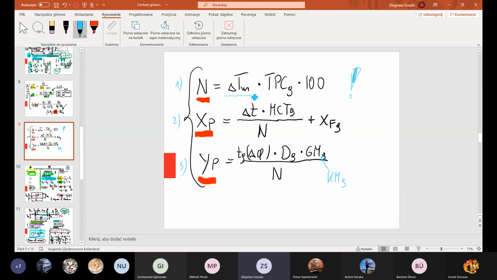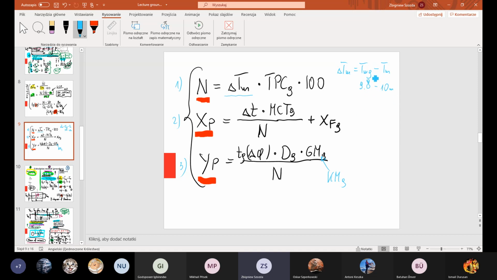Delta Tm, is it a positive or negative number? Very good question. It's negative. Tm after grounding is smaller than Tm of the freely floating vessel before grounding. For example, a freely floating vessel has mean draft 10 meters. After grounding, let's say it will be 9.8 meters.